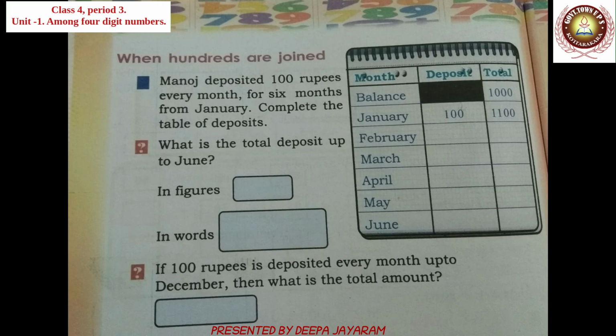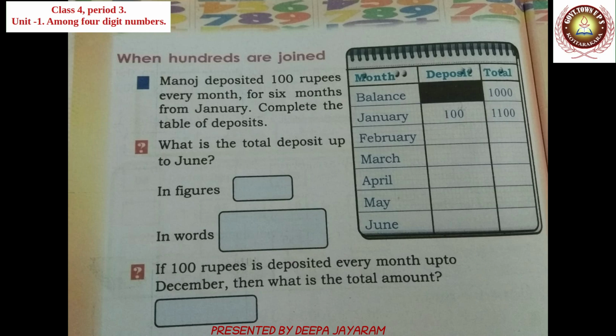The amount is steady, that is 100 rupees, and no different amount. His balance amount is 1000. And in the month of January, he deposited 100 rupees, February 100 rupees, March 100 rupees, April 100 rupees, May 100 rupees, June 100 rupees.